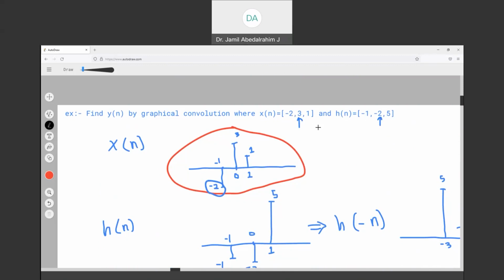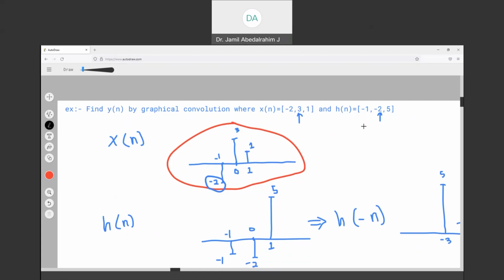So the number of results, the number of y of n, will be equal to the sum of the numbers of x of n and h of n minus 1. It's a fixed equation: n1 plus n2 minus 1. So 3 plus 3 equals 6, and 6 minus 1 equals 5.